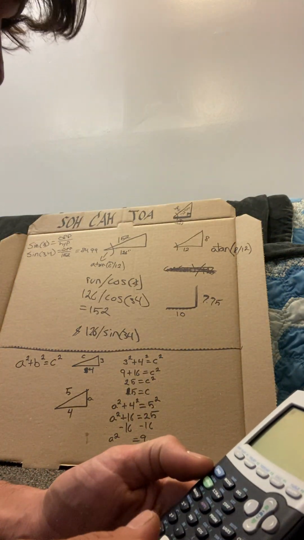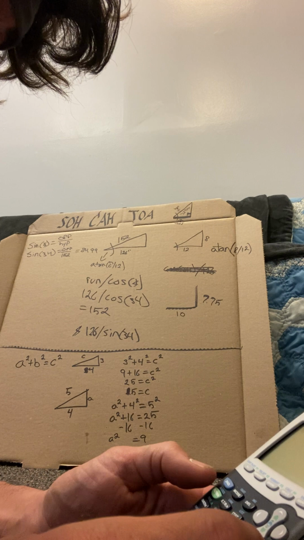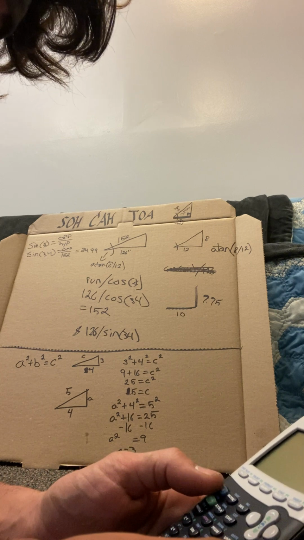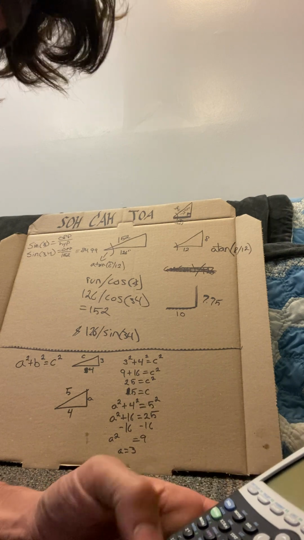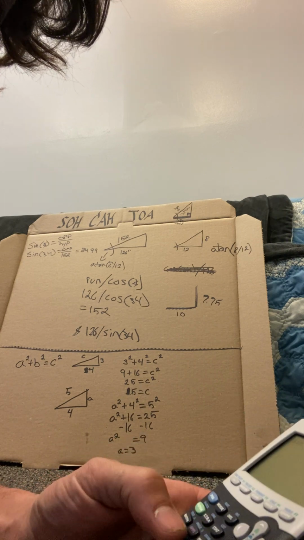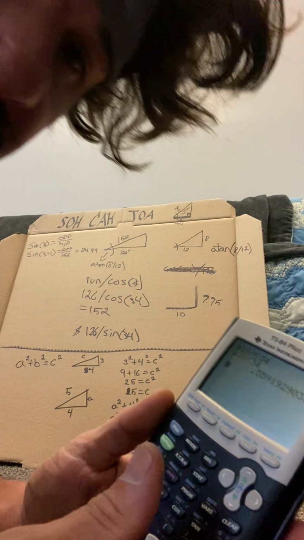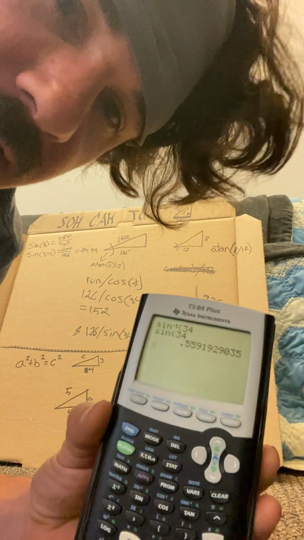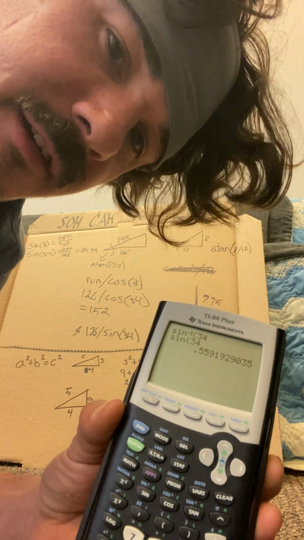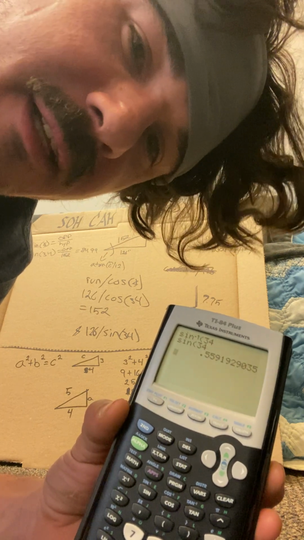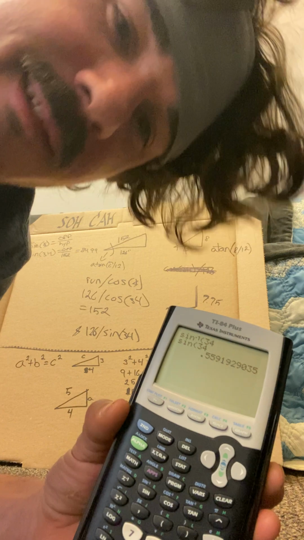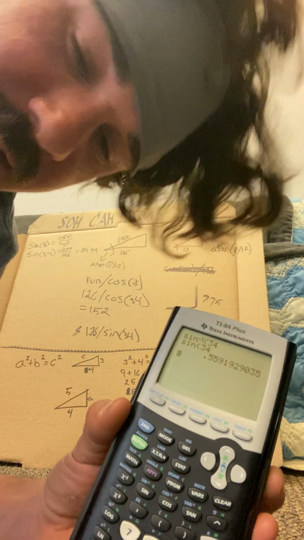And you can do that same thing with the sine of 34. That's 0.55. That's like half, right? And remember, like 3, 4, 5, your opposite is almost half, right? So now you can start to see.